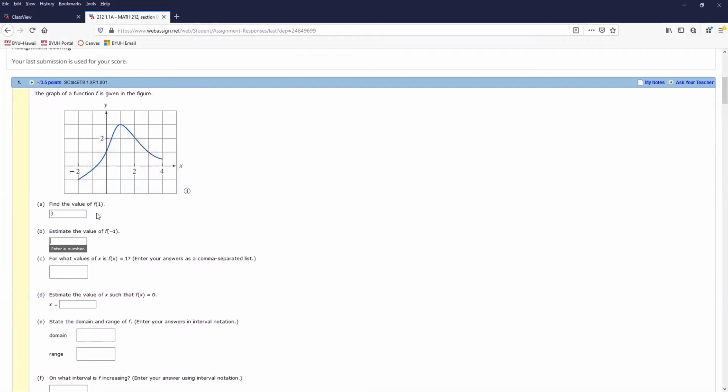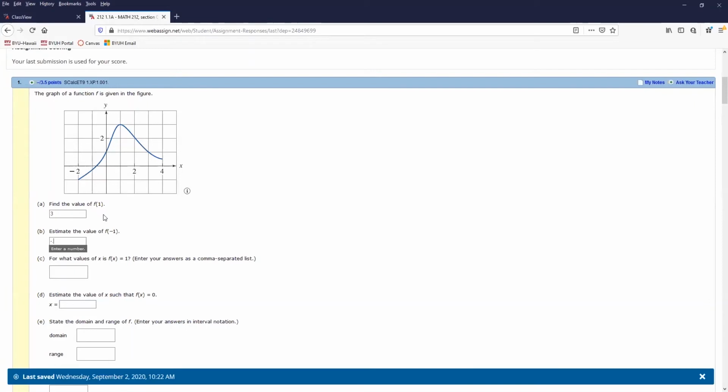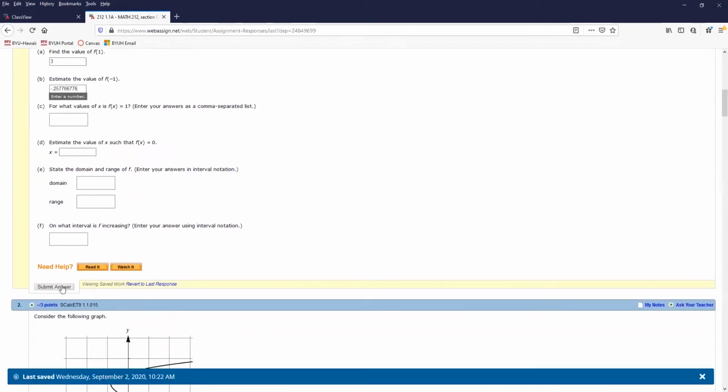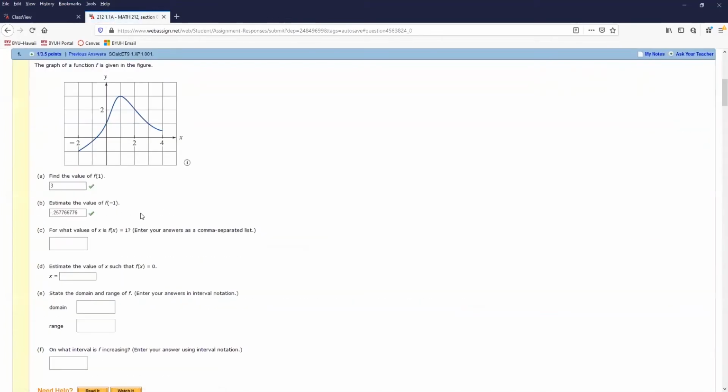Yeah, I entered mine and I put -0.2, and it says it was correct. -0.2? Yeah, -0.2. It looks like 0.3 to me, but okay, if you got it right, then maybe it's something like that. That's a really approximate answer.